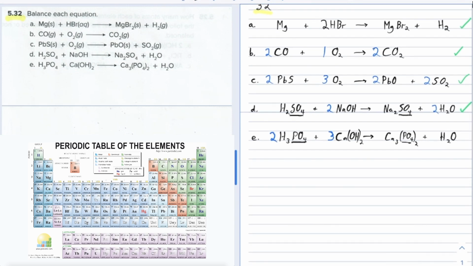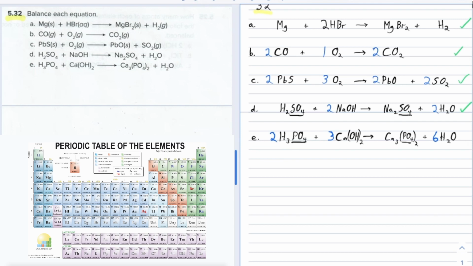Okay, so now everything else is still balanced, the calciums and the phosphates. So now we got 6 hydrogens, 2 times 3 is 6, and then we have 2 hydrogens here times 3. That's another 6. That's 12 hydrogens total. Okay, so let's put a 6 to balance the hydrogens, and that makes the oxygens work out.